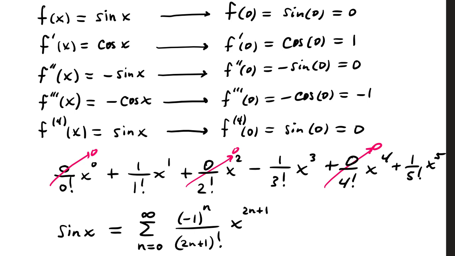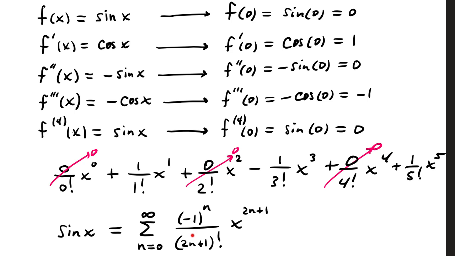Everywhere you have a 0 in the numerator, that term actually goes away. It becomes 0. What you're left with are the odd powers of x, the odd factorials, and there is a sign change in here. We have to make sure that our first sign is positive. So this series of terms can be written as the sum from 0 to infinity, negative 1 to the n, over, and then the way to write odds is 2n plus 1.